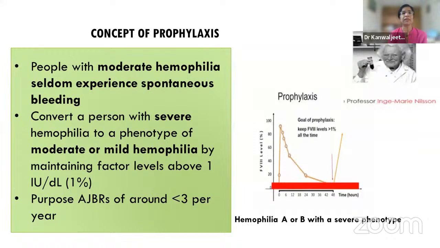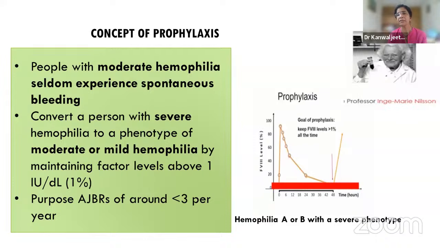It was found that moderate hemophilia patients seldom experience spontaneous bleeding, and that is how they are different from severe hemophilia patients. Professor Mary noticed this and used the concept of prophylaxis. The purpose is to convert a case of severe hemophilia A into moderate or mild hemophilia by raising the factor level above 1%.